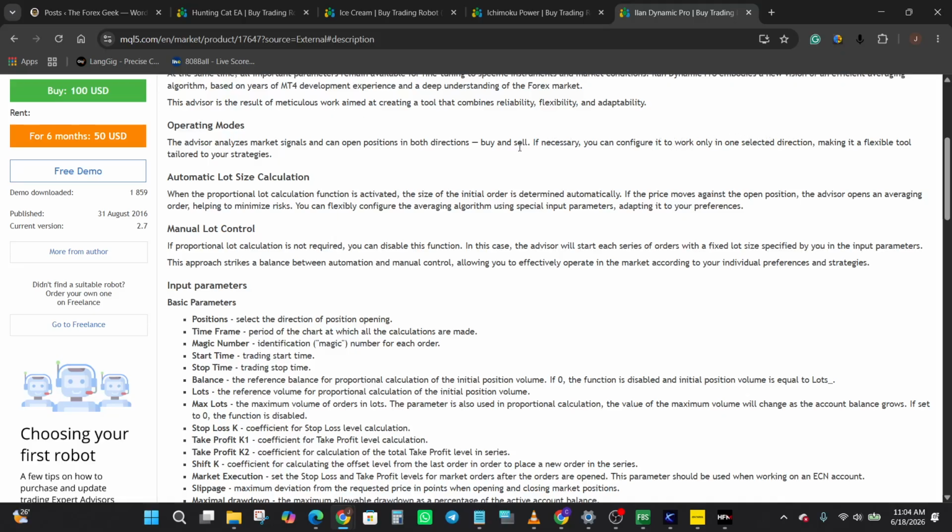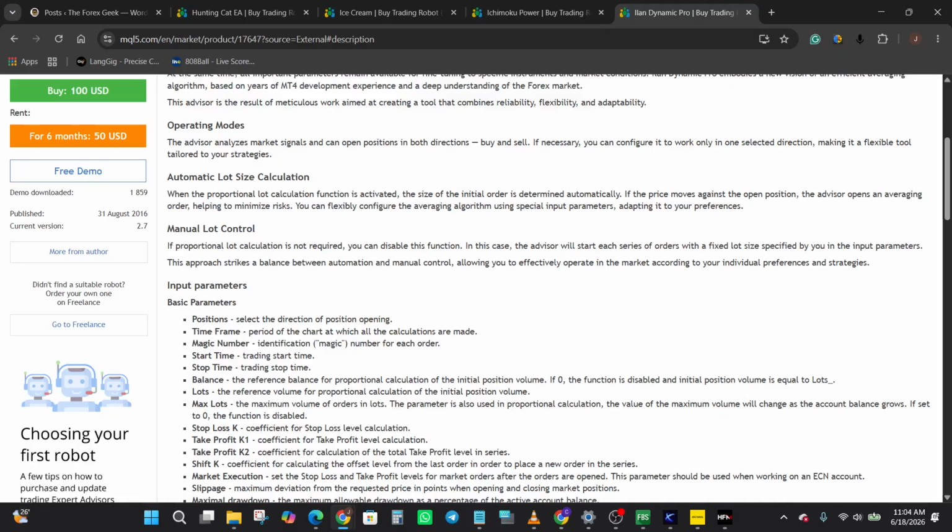Another feature discussed here is the automatic lot size calculation. When enabled, the initial position size is calculated automatically. The description also explains that if price moves against an open position, the EA can open an averaging order, and traders have access to parameters that allow customization of this averaging process.